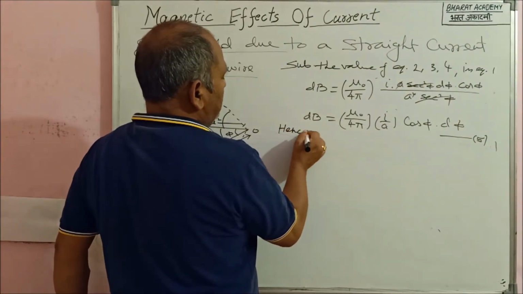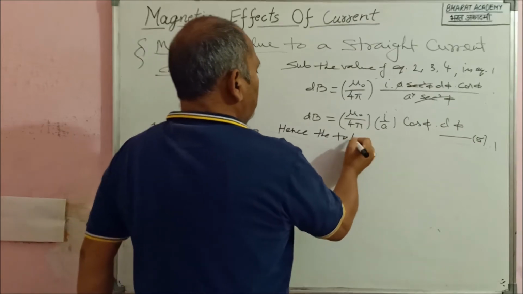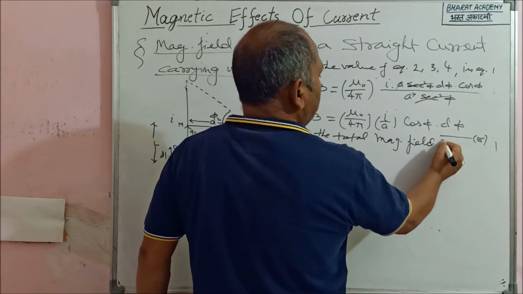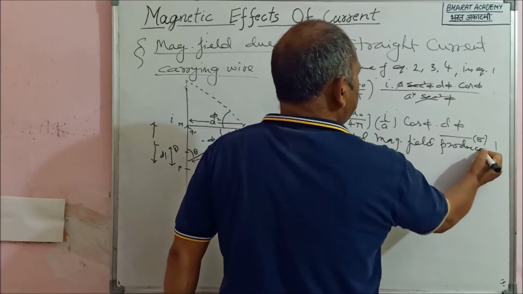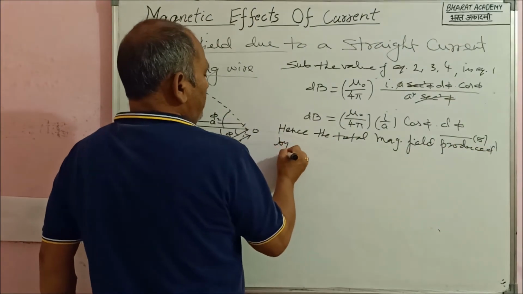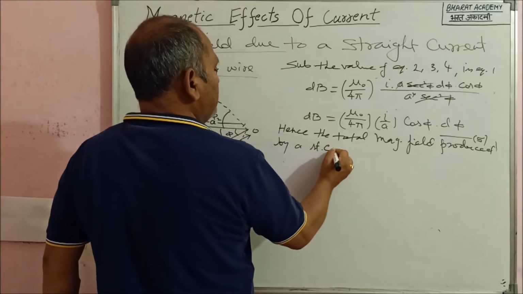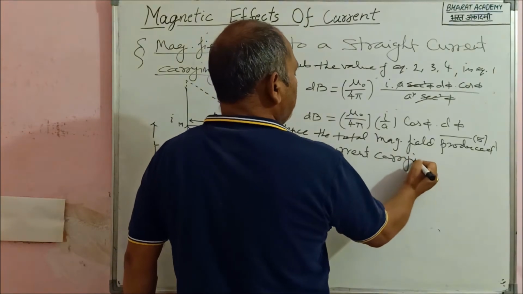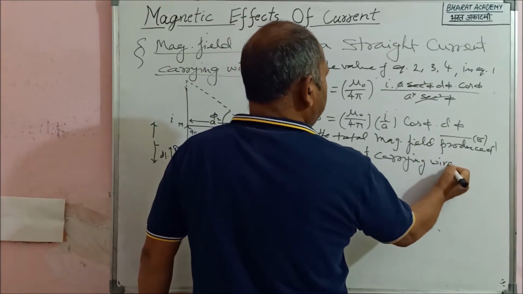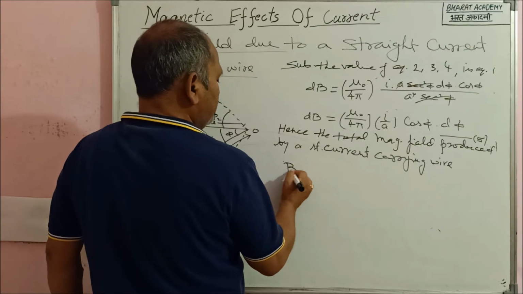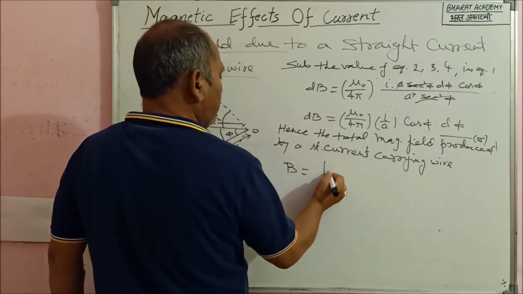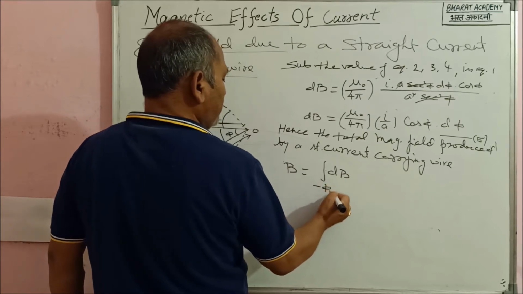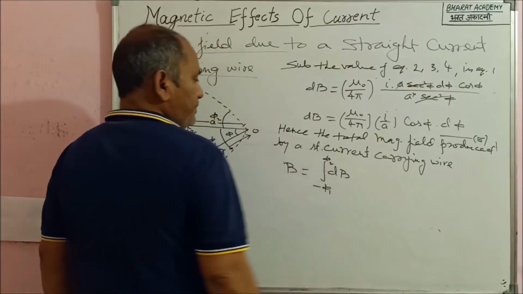Hence the total magnetic field produced by a straight current carrying wire, B, will become the integral of dB ranging from minus phi 1 to phi 2, right?